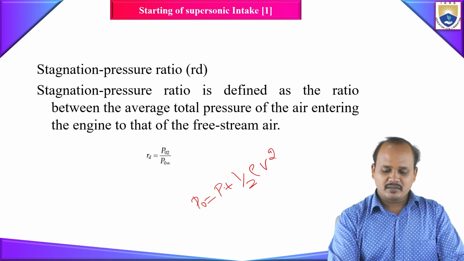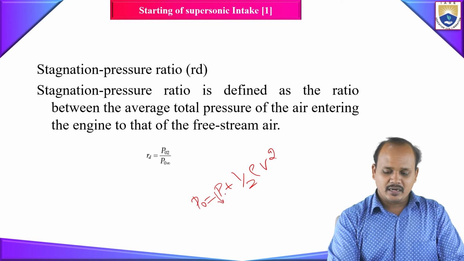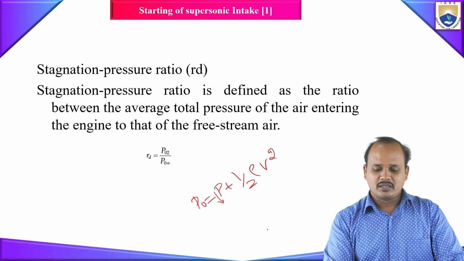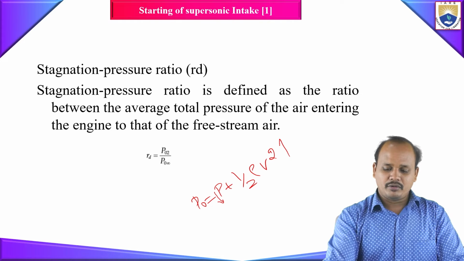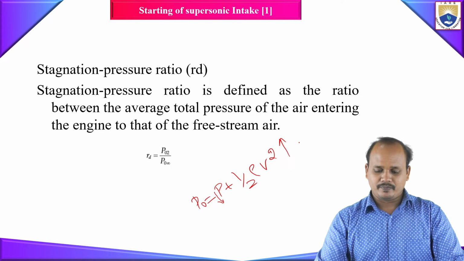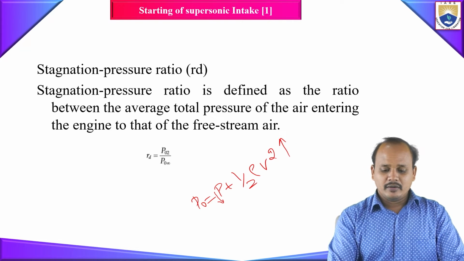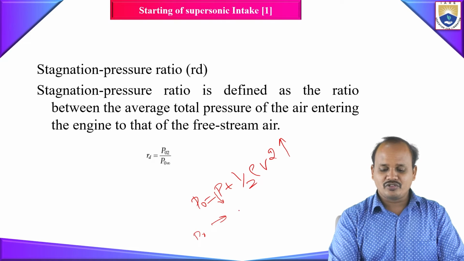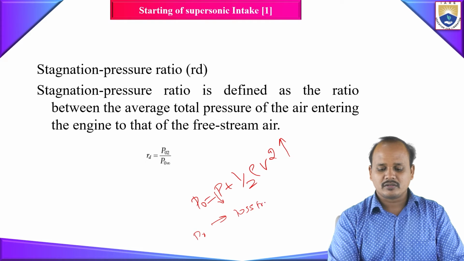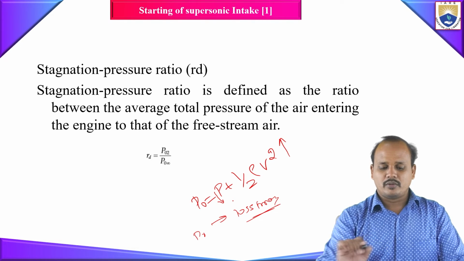In a process, if there is a reduction in the static pressure, that doesn't mean the reduction is due to loss. That may be due to acceleration of your flow. But if there is a reduction in the P naught, that refers to loss in your process.